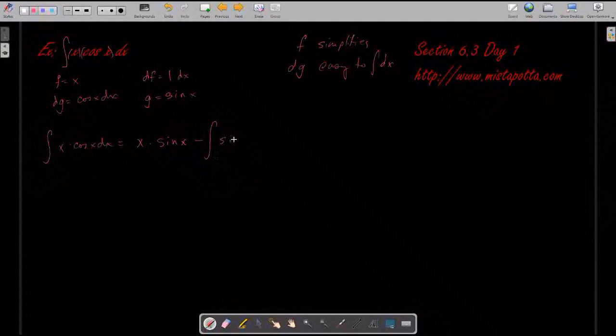And notice that I went from having a hard integral, one that involved x and a trig function, to an easier integral, one that involves just a trig function and a constant of 1.